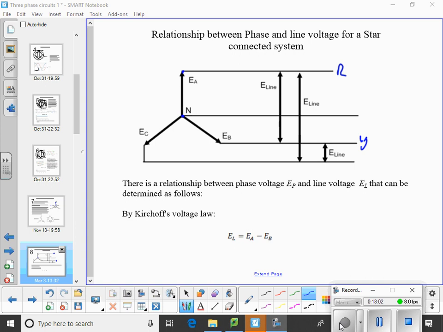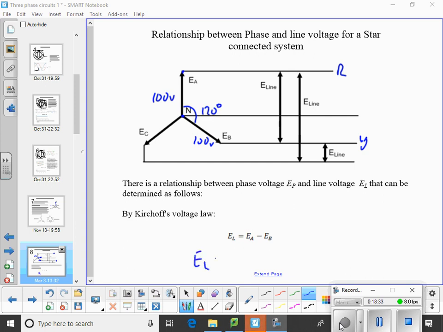But what you have to remember is they're not in phase with each other. So if we say these phase voltages are 100 volts, then this angle in here is 120 degrees.